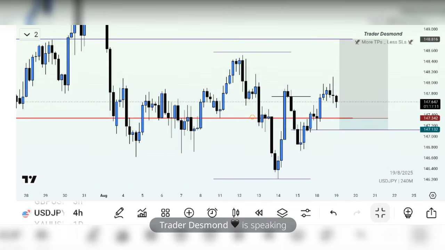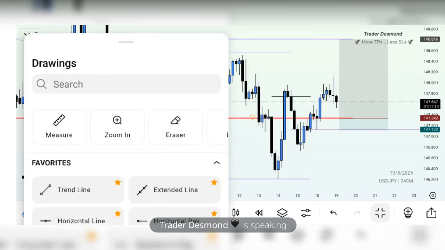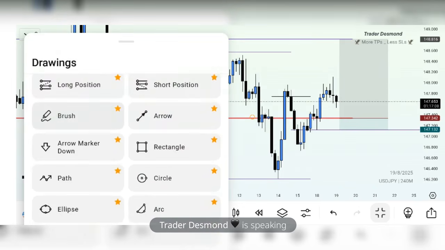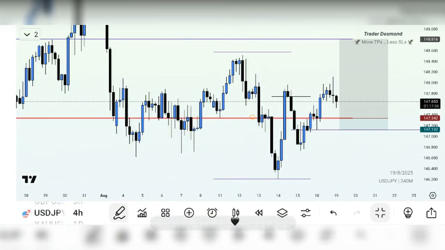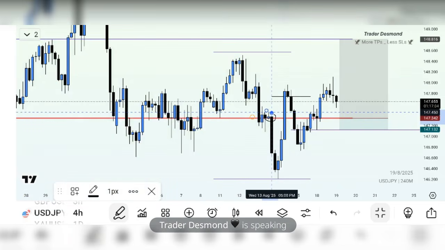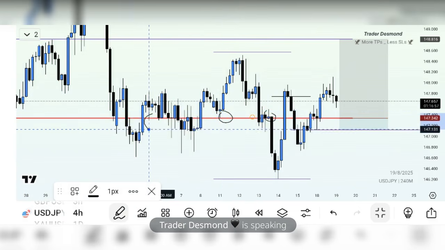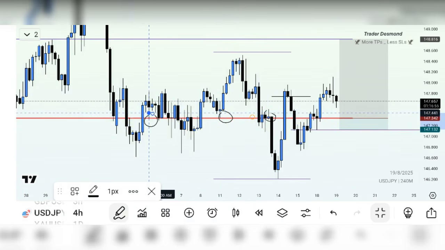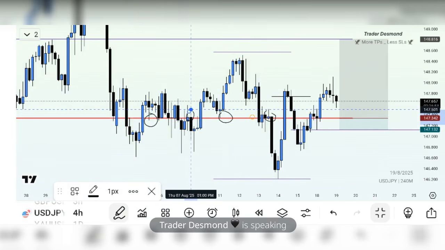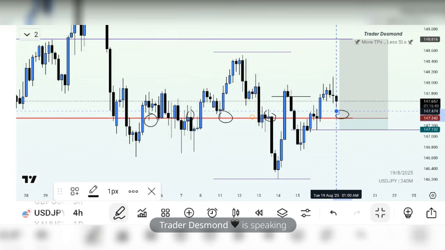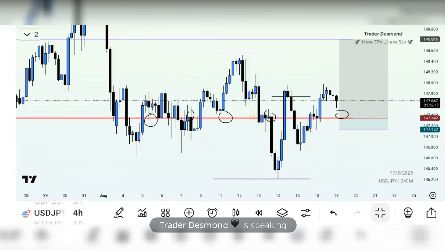So now if you watch this level, market touched this level several times, in several places. Market used it around here, and around here again. We're expecting market to use it around here for us again. Now let's continue.